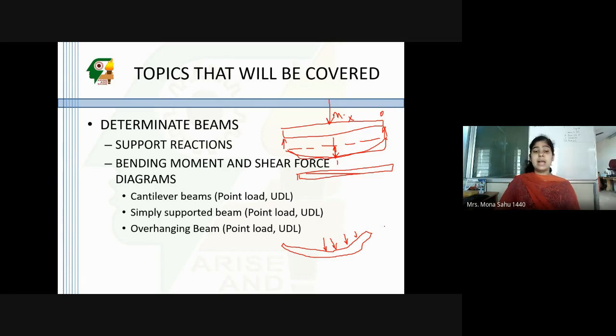So we will be calculating the bending moment and shear force at each point, and we'll be drawing a diagram, a graph, on it. Before we go ahead, you need to understand how to calculate reaction forces. I think in engineering mechanics we have learned how to calculate reaction forces. Have we done that last year?